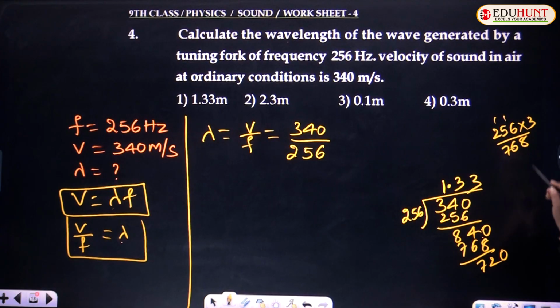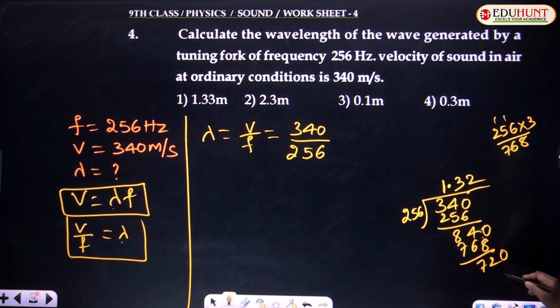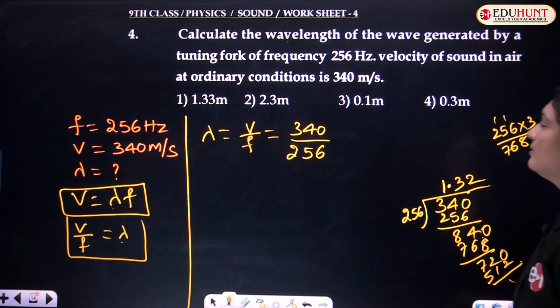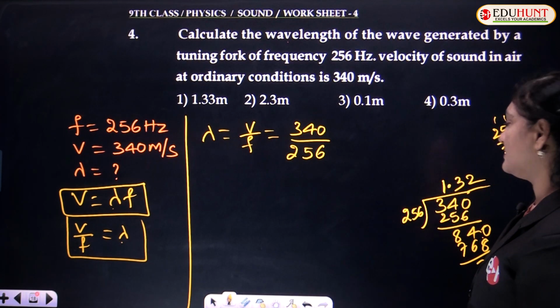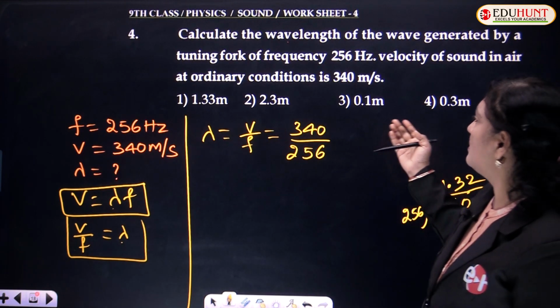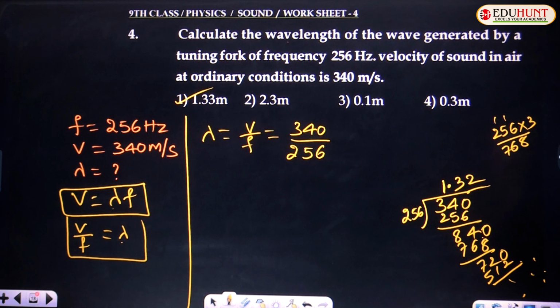Again 256 multiplied by something like 2, you will be getting 256 times 2 is 512, and some additional value. Up to 2 decimals is enough. So 1.32 approximately, some other value you will be getting. So 1.32 is approximately equal to 1.33 meters.